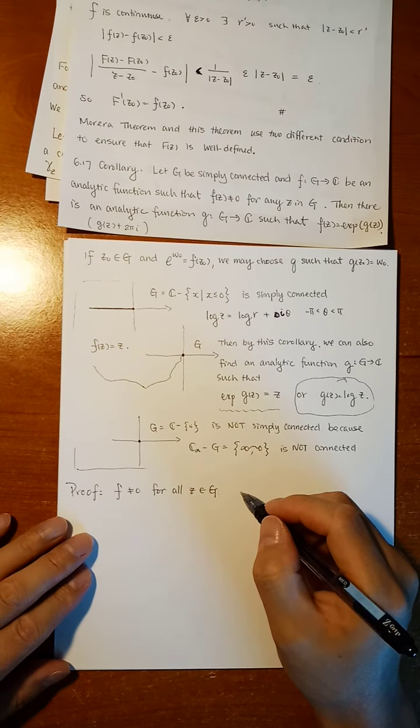This is a simply connected region, so by the previous corollary, f prime over f has a primitive G1 in the region G. Okay, we have a primitive.